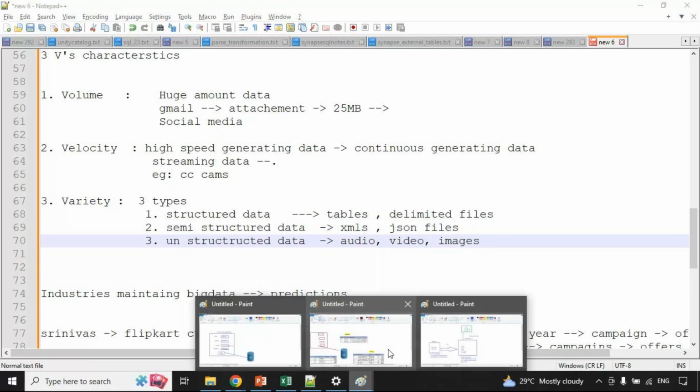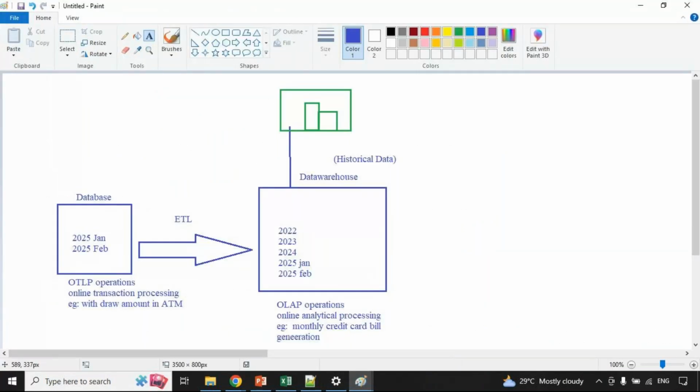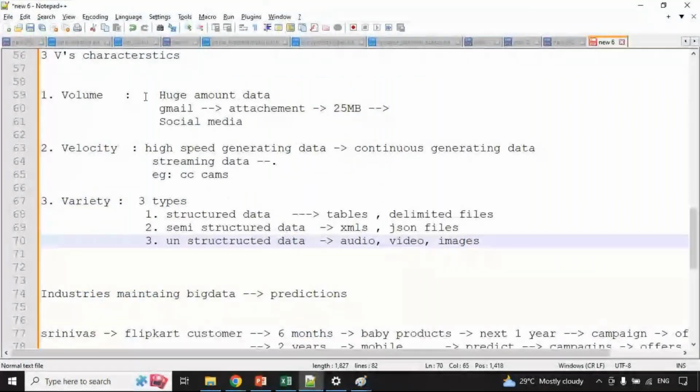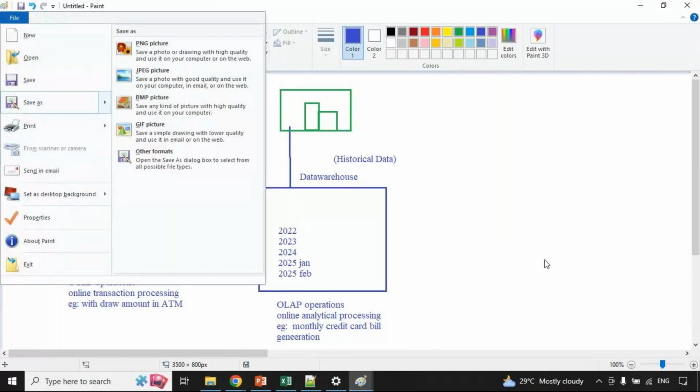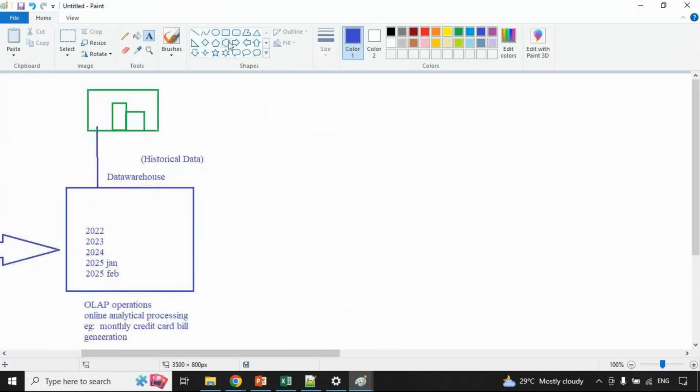Here, the traditional data warehouse supports structured and semi-structured data, but a huge amount of data it does not support. To overcome this, we have a data lake, where multiple systems are connected over a network and the data is distributed between them.